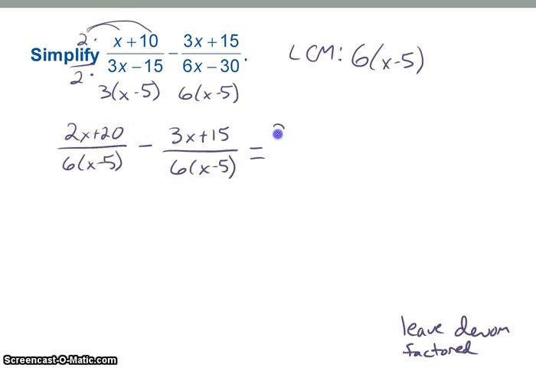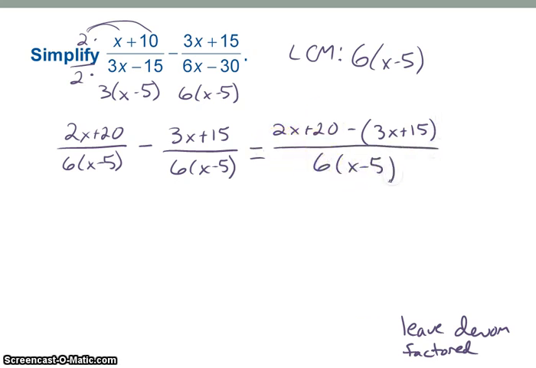If you visualize this better by writing it out, just make sure that you're subtracting that whole second numerator. If you need to distribute your negative, go right ahead. So I've got 2 minus 3x, which is negative x, and I've got 20 minus 15, which is 5.